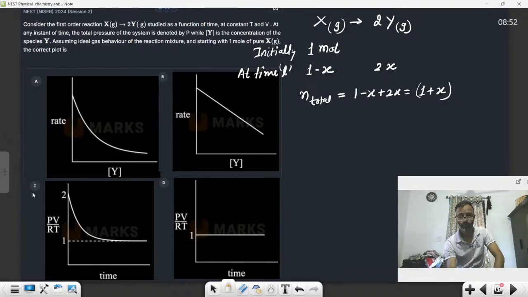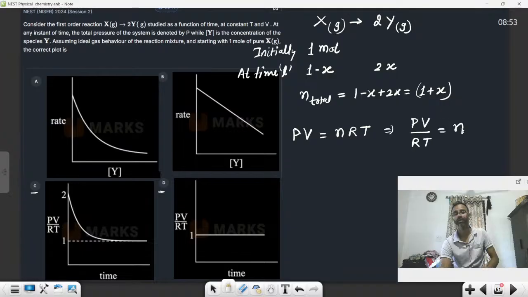Now first let us discuss these two plots. You know PV equal to nRT. That implies PV upon RT is equal to n.